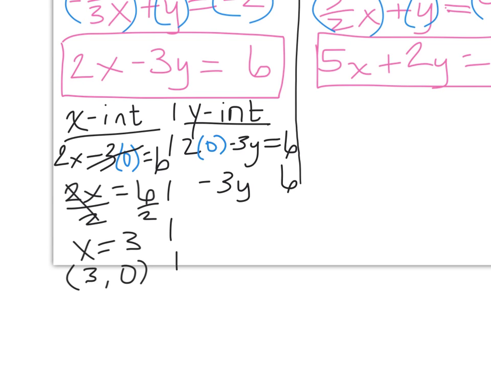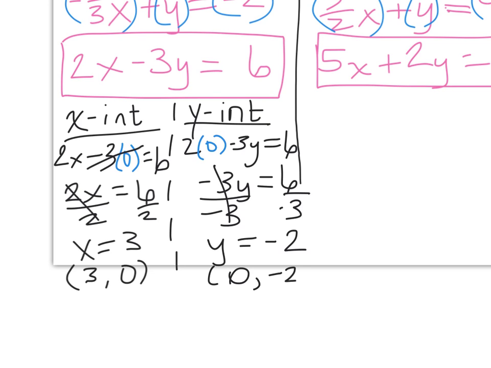Fix that equal sign. Much better. So then to get y by itself, what do I need to do? Divide by negative 3. So then I get y equals negative 2. So my y-intercept is 0, negative 2.